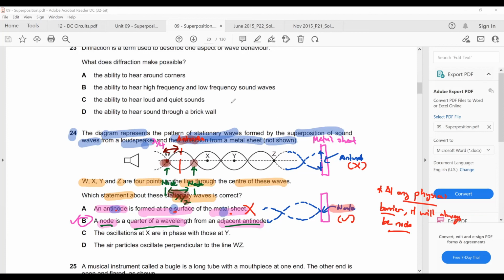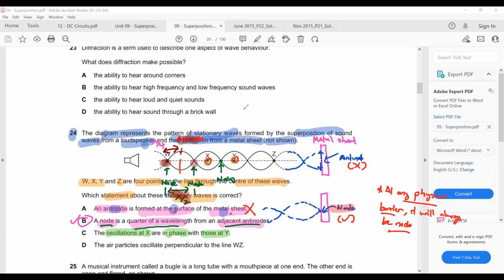Then we look at C. The oscillations at X are in phase with those at Y. So you're looking at particle X and particle Y, and notice that this one here again is your node.